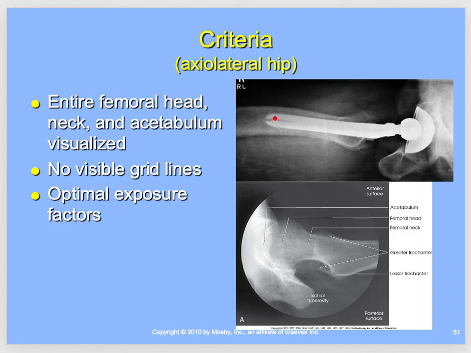You have the entire prosthetic device. Here you've got the acetabulum, the femoral head, the femoral neck, greater trochanter, lesser trochanter. So the entire femoral head, neck, and acetabulum should be visualized. And then optimal exposure factors.